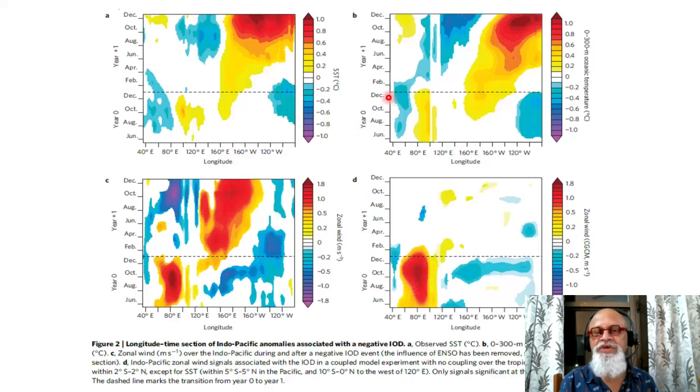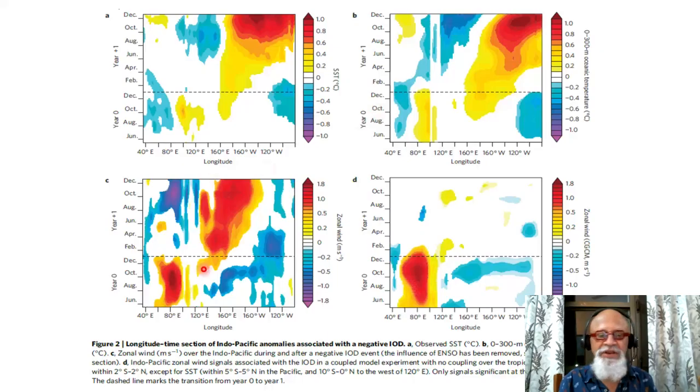In B, we are looking at 0 to 300 meter oceanic temperature. So you are looking at the associated signatures in the heat content. So you can see heat content is discharged. So you have warm anomalies here and raised thermocline and negative heat content anomalies in the upper ocean here.